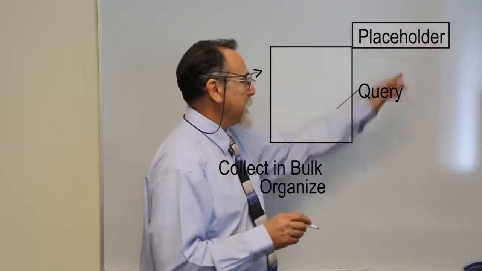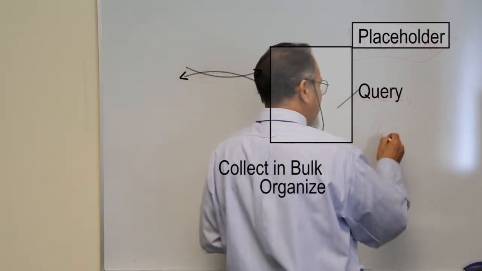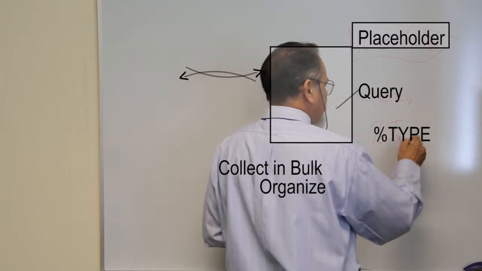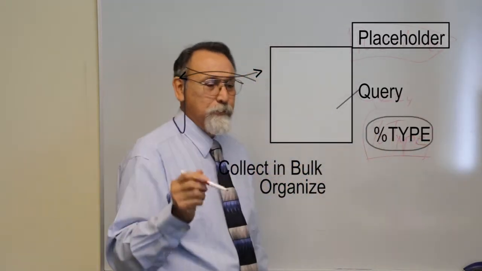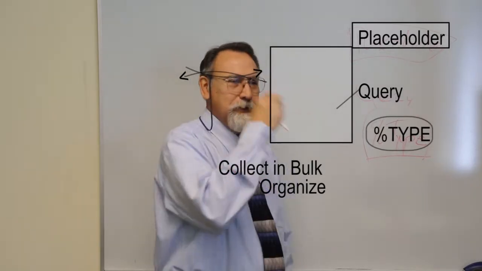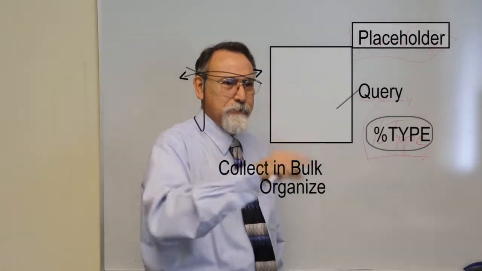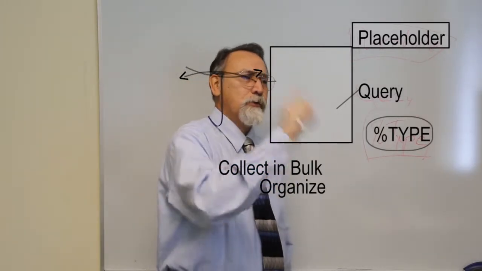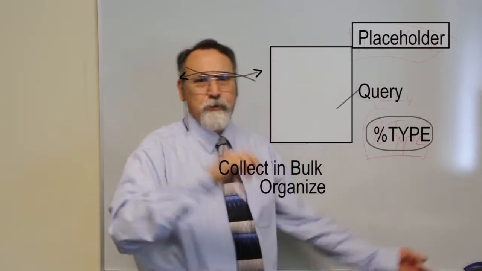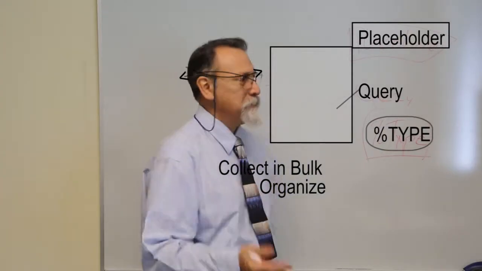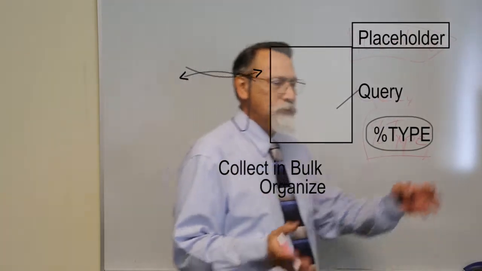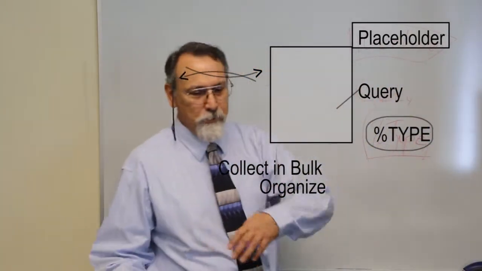What the wildcard mechanism is, it's called a percent type. This is actually a program within a program that looks into the database, figures out if it's a letter, number, or date, and then will create a similar structure when you extract it. So there is a percent type that's a wildcard mechanism that allows you to extract information and bring it over.